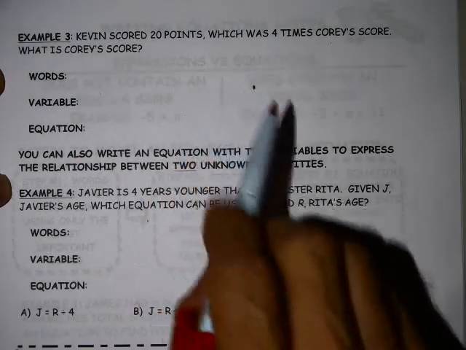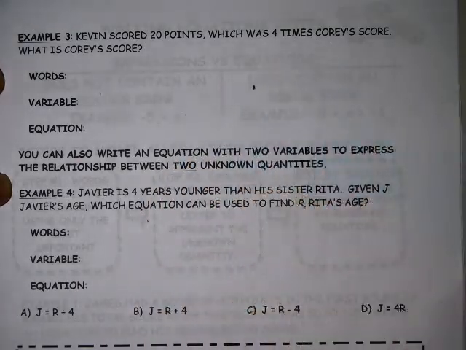Next example. Kevin scored 20 points, which was 4 times Corey's score. What is Corey's score? So we're trying to figure out, based on what Kevin scored, what Corey's score was. Kevin's score was 4 times what Corey's score was.